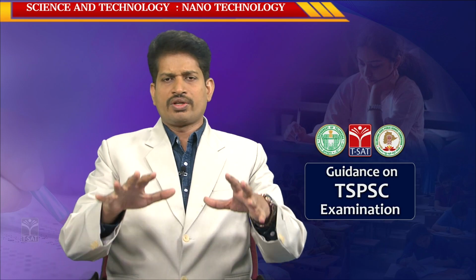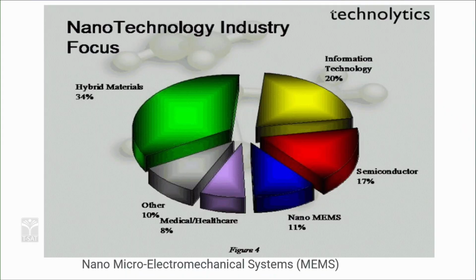So, these are the different areas where nanotechnology is being used: information technology, semiconductors, nano MEMS, and other applications in terms of hybrid materials. Hybrid materials are materials where you mix organic and inorganic materials, because of which the strength of the material increases and the weight decreases, which is better for construction materials.